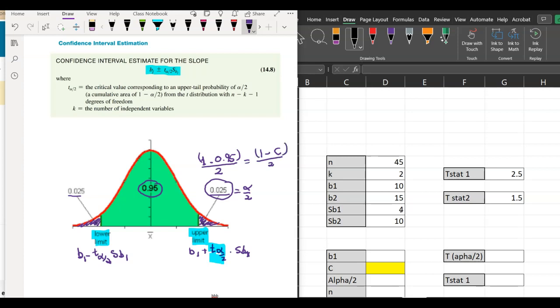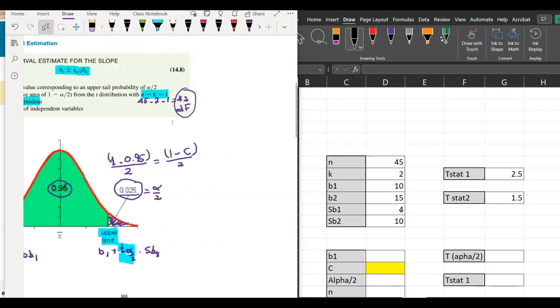The value we're going to look for in the table. Before moving to the table, we need the degrees of freedom. In this case, n is 45, k is 2, and minus 1, that's going to be 42. So my degrees of freedom is 42, and my alpha over 2 is going to be 0.025.